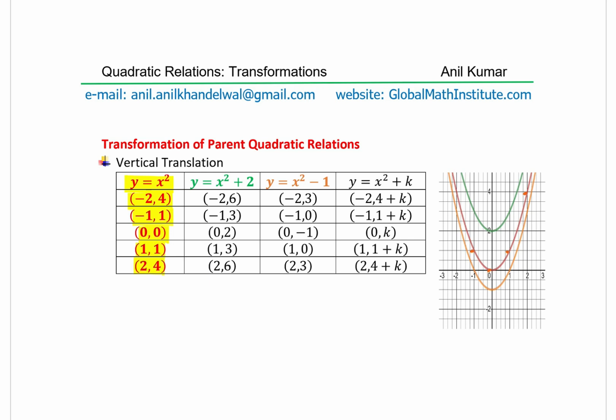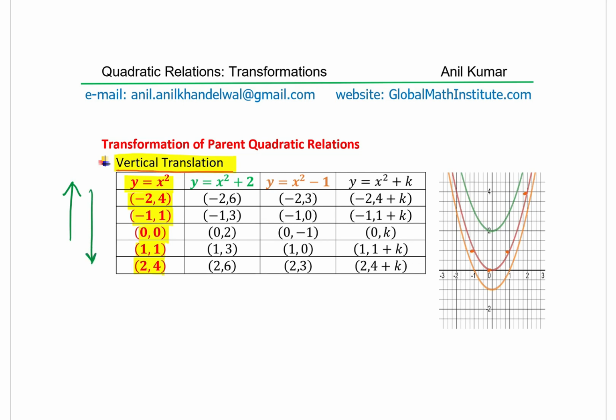Now when we say vertical transformations, what do we mean? Vertical translations, it is, to be very specific. Let me highlight the words vertical translations. That means the graph of the function will be moving vertically up or down. So it moves vertically up or it moves vertically down.